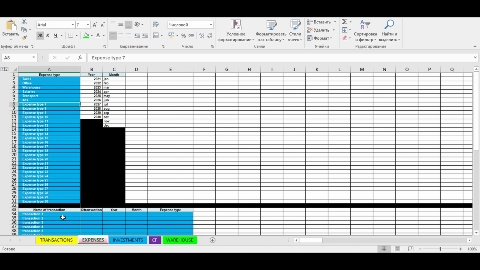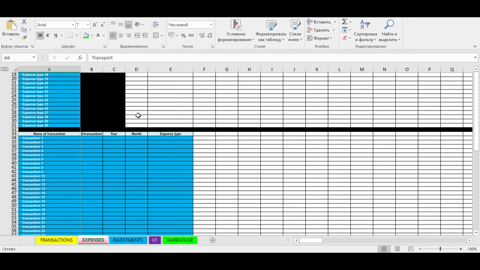You can name up to 30 types of expenses here.